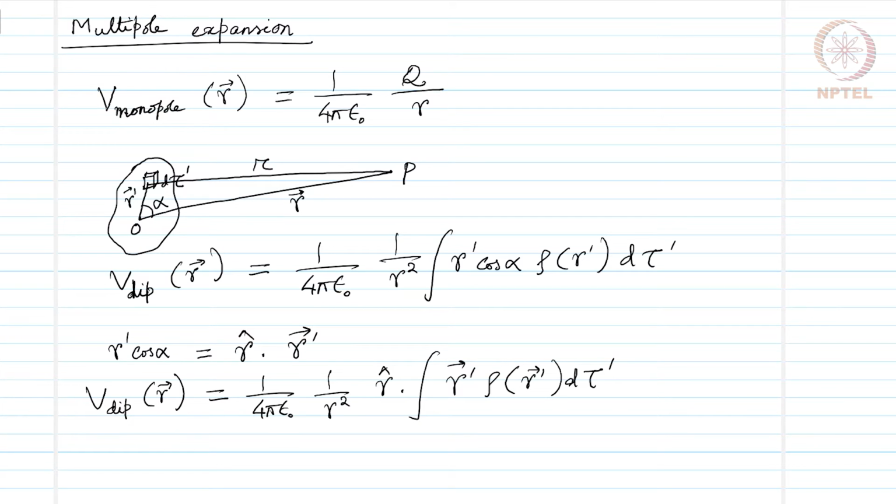Okay. Now, the integral that we have here does not really depend on the distance of our point of observation from this dipole. This integral is called the dipole moment. So, how do we express this?